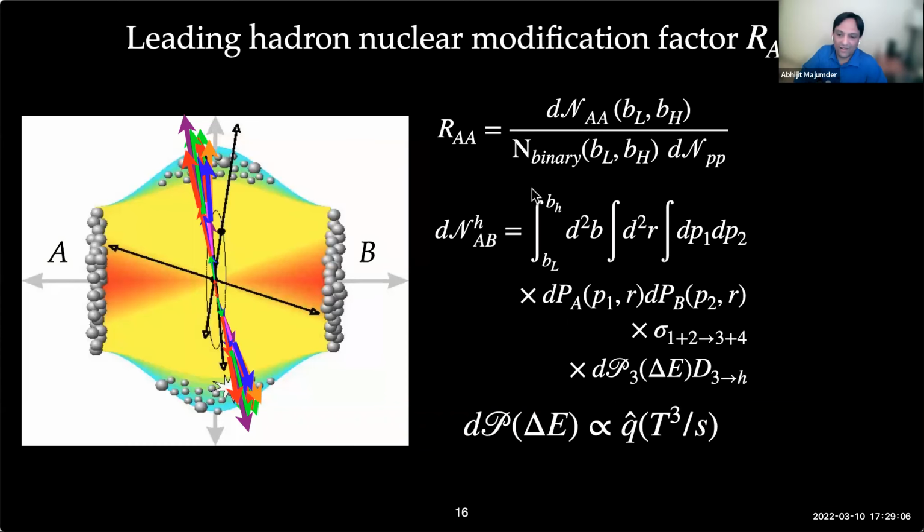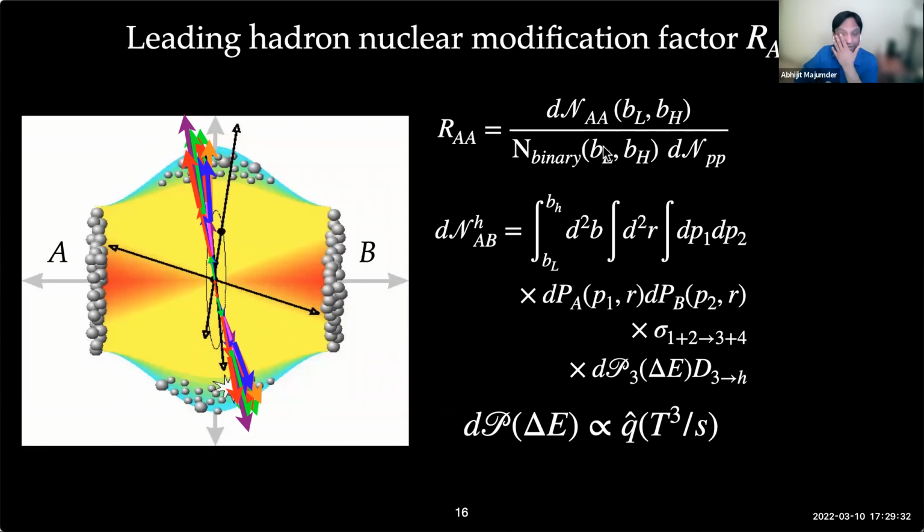Most of this is standard PQCD objects that you could calculate also for the case of PP collisions. The only extra term is this probability of losing energy, and that is the thing that is directly proportional to the value of Q hat. So that's where Q hat basically enters here.